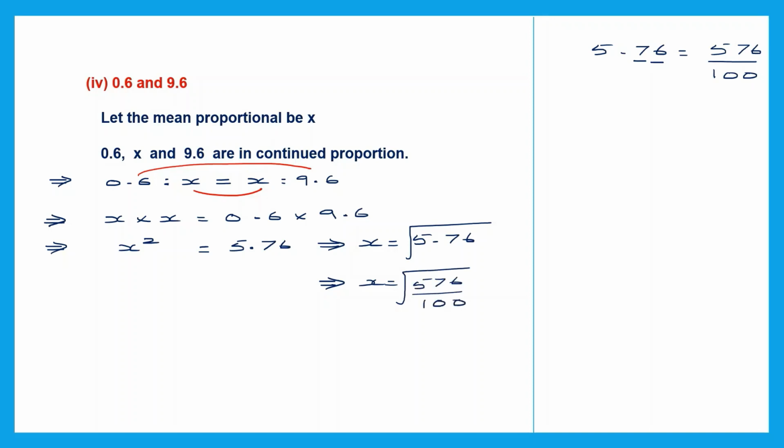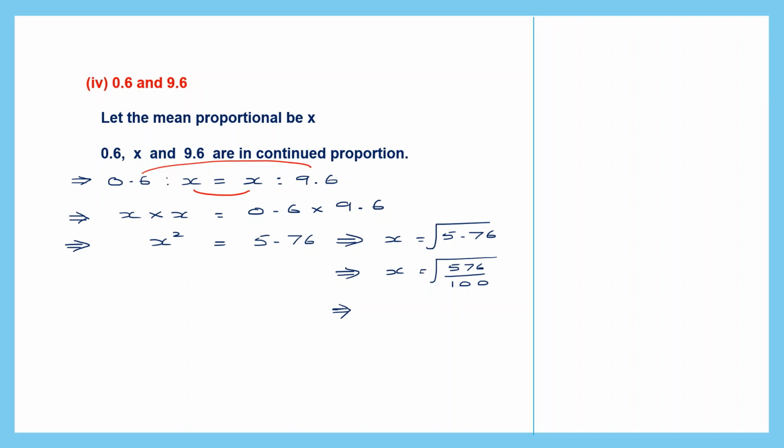So let's find the prime factors of 576 and 100. So now we're going to find the value of x here by finding the square root of 576 and 100. So now let's find all the prime factors of 576. Let's begin with 2. 2 2s are 4, but this is 5, so there's 1 left, that becomes 17.